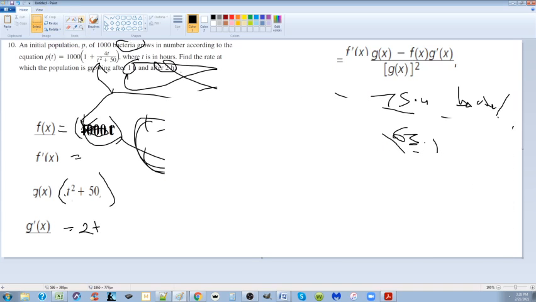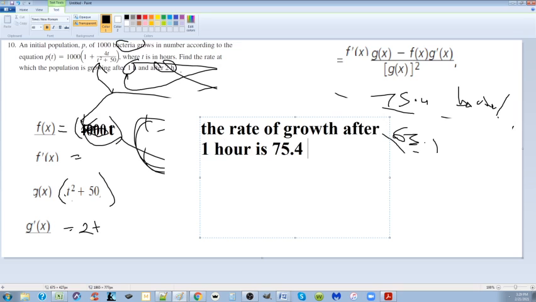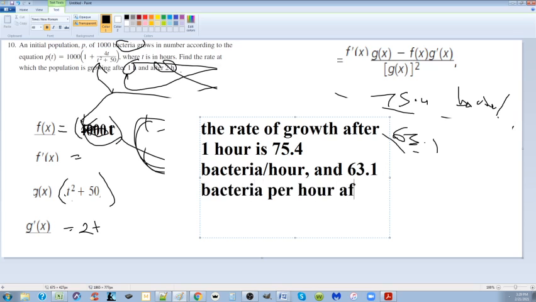And then always summarize your answer. The rate of growth after 1 hour is 75.4 bacteria per hour and 63.1 bacteria per hour after 2 hours.